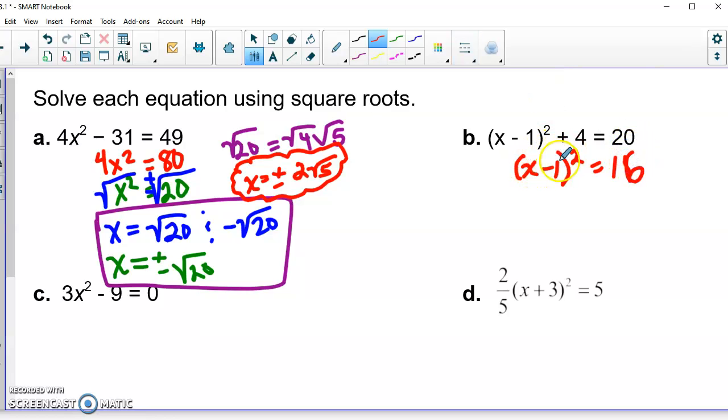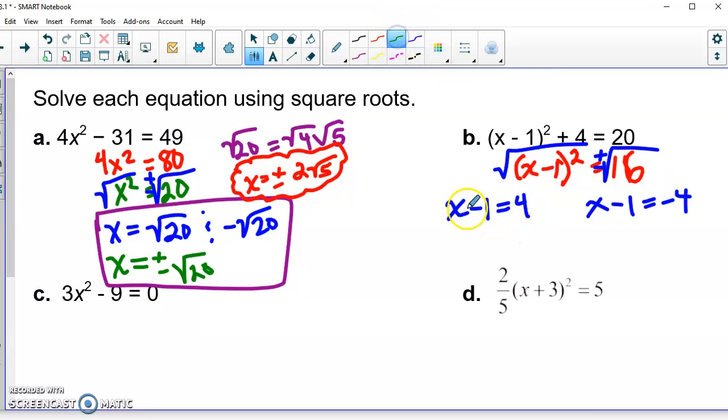So notice this is a parenthesis. This whole expression is squared. So we need to take the square root next in order to work with anything in this expression. And whenever we take the square root in solving, we're going to make sure we apply positive and negative. So x minus 1 can equal the positive square root of 16, which is 4. And it can also equal negative square root of 16, which is negative 4.